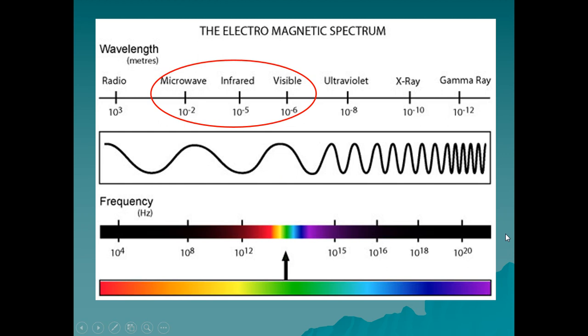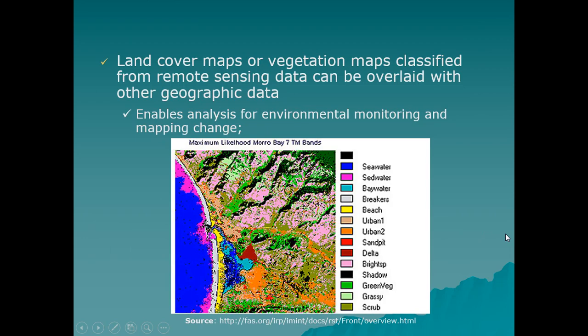So moving on, here is an example of satellite imagery. This is maximum likelihood Morro Bay 7 bands. The 7 bands represent the number of bands or wavelengths that have been captured by this image.